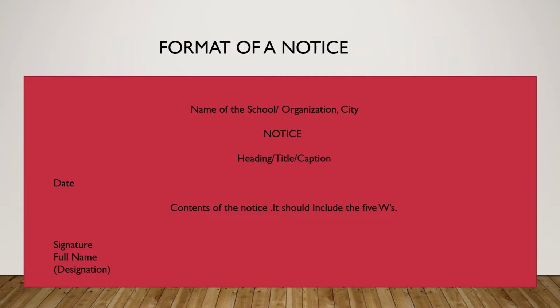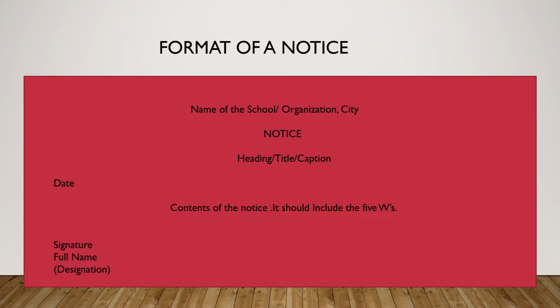Then we leave a line and write the date on the left. You have to write the full date. Then leave a line and write the contents of the notice. That means all the information you want to give to your readers. It should include the 5 W's.